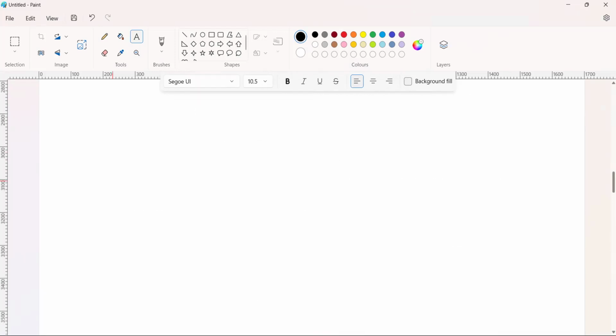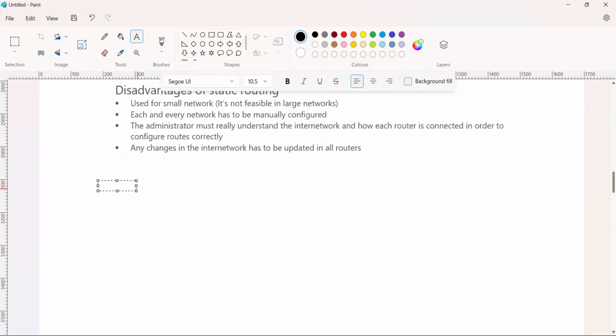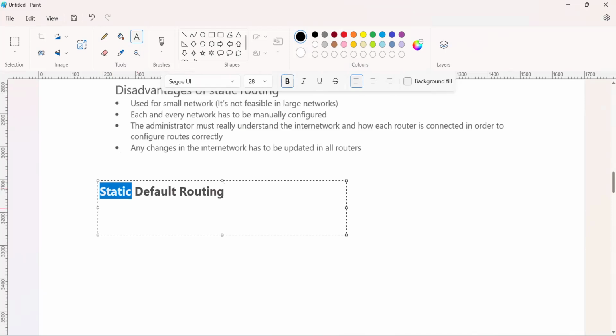So now move to default routing. Default routing also we have to configure statically, meaning there is no overhead. Even when you don't know the destination IP address, with the help of the 0.0.0.0 command we can configure it easily.